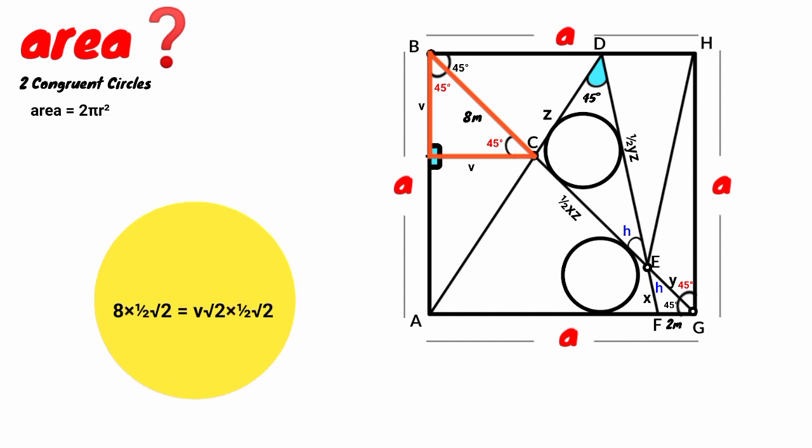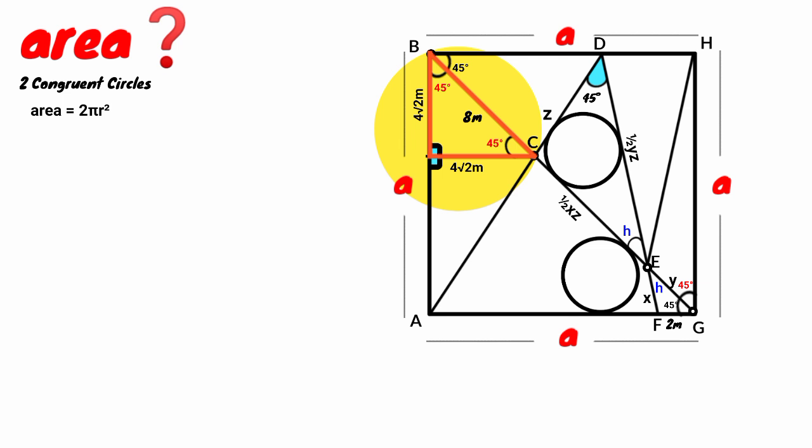Multiply both sides by 1 over 2 root 2. Here v root 2 times 1 over 2 root 2 is v times 1 over 2 times 2, which is v, while here 8 times 1 over 2 root 2 is 4 root 2. So v equal to 4 root 2. That is, the length of these sides are 4 root 2 each.